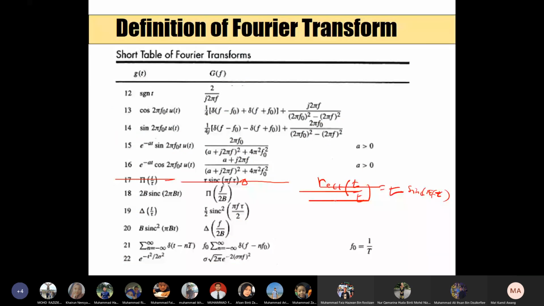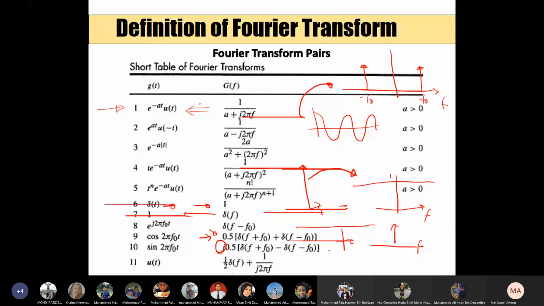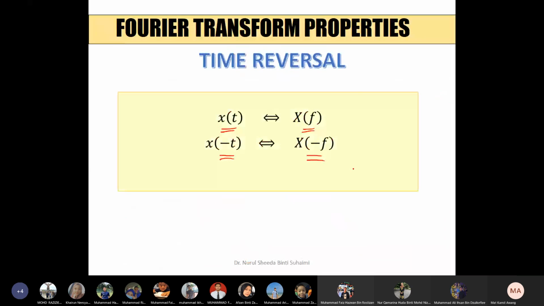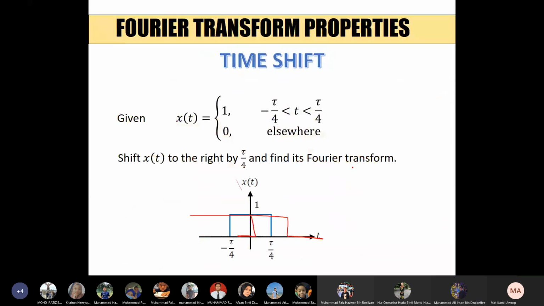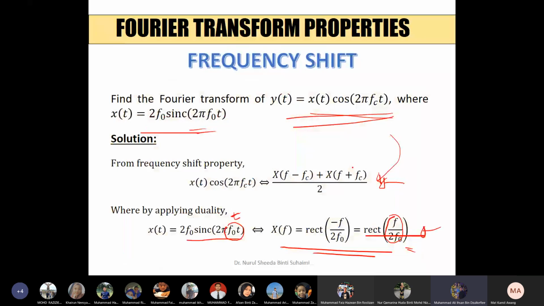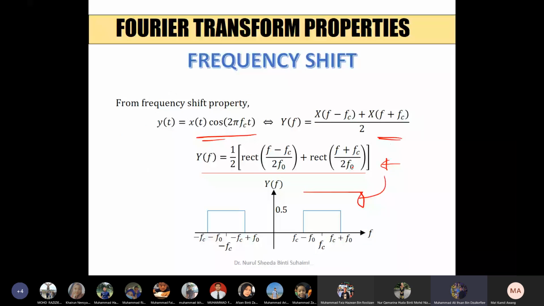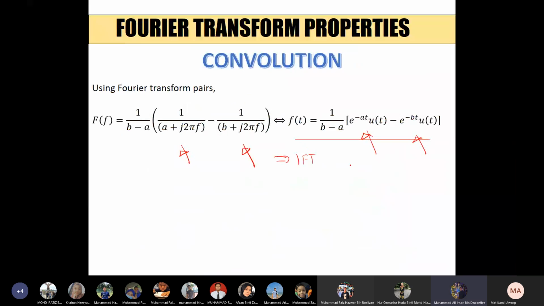Part A goes from here to this, and part B goes from here to that. So you get the answer for part B.